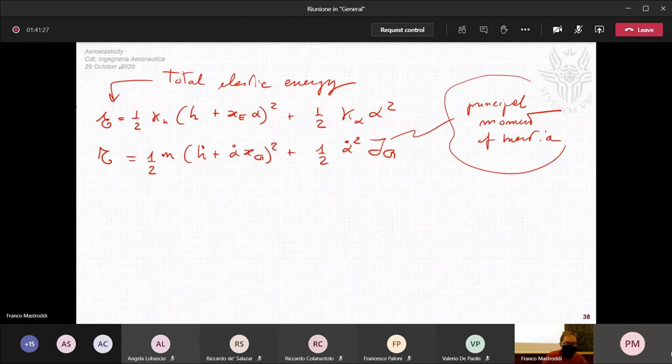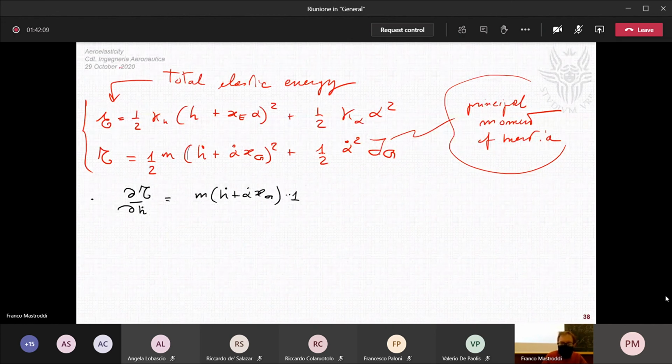Okay, the Lagrange equation of motion can be obtained here by evaluating first the derivative of the kinetic energy with respect to h dot, and we have this derivative here, so we have m by (h dot plus alpha dot xg), and by 1, because I have derived this with respect to h dot, so I have 1.